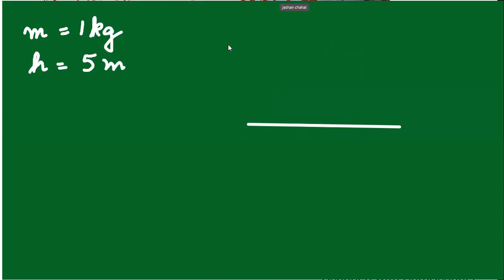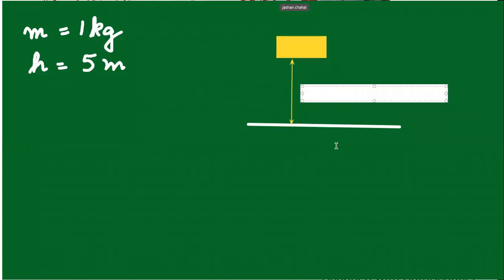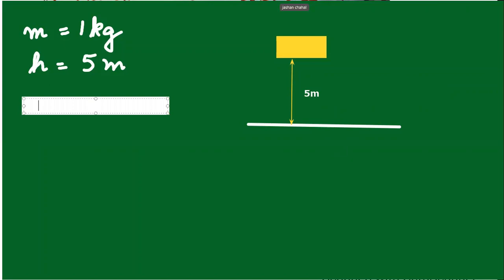So children, at first the question is asking us to find the gravitational potential energy. We know the formula for potential energy. Write down the formula yourself. I've already written it. What is the formula?